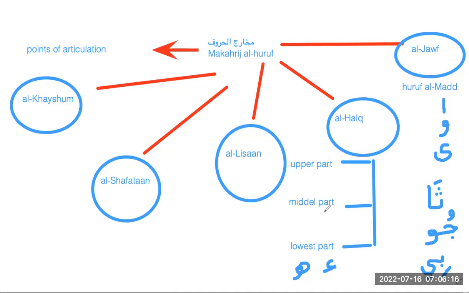Then in the middle part, we have the letters Ain and Ha. In the upper part, we have the letters Ghain and Kha.